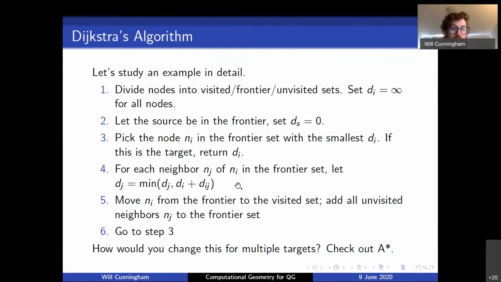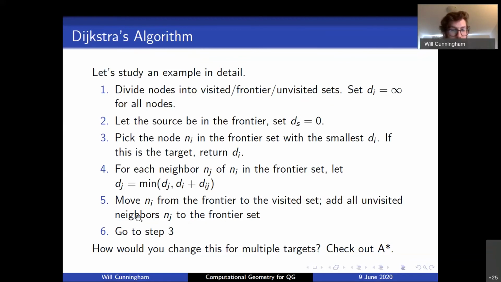Now we move the node that we were looking at from the frontier set to the visited set, and we add all unvisited neighbors that have been newly looked at into this frontier set. And then after that, we repeat.